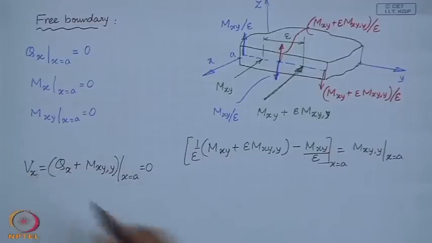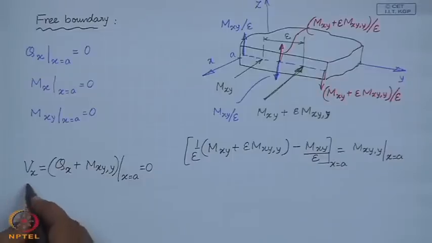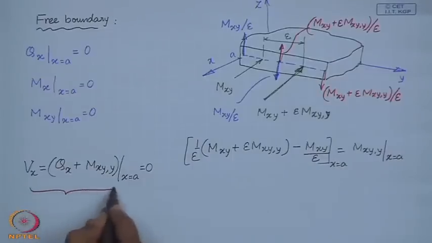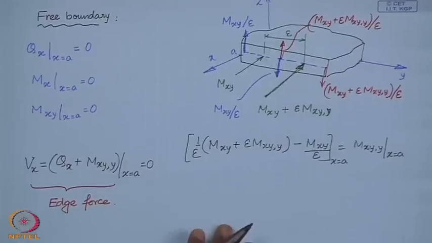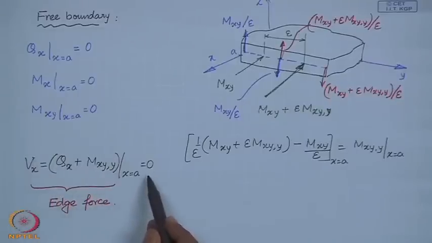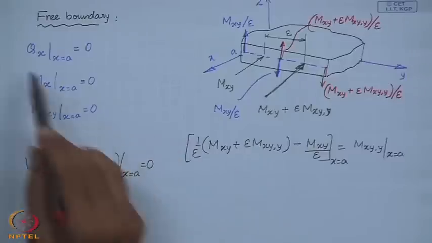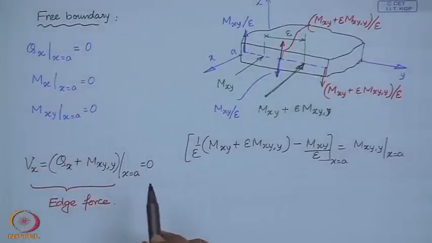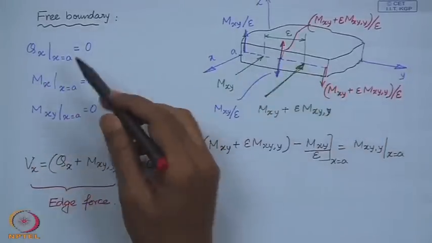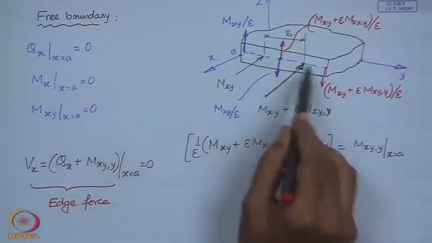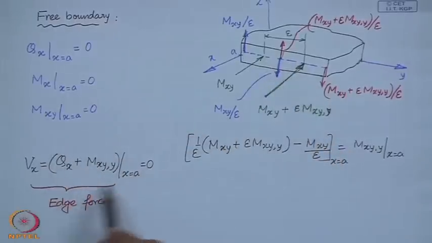This is defined as the edge force. This is known as the edge force. So, this edge force must vanish. It is a combination of the force because of the out of plane shear stress and the moment because of in plane shear stress. So, these two combine to give us what is known as the edge force.